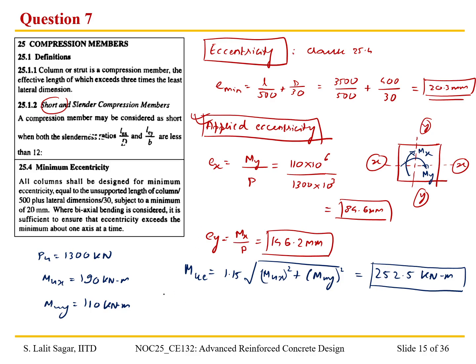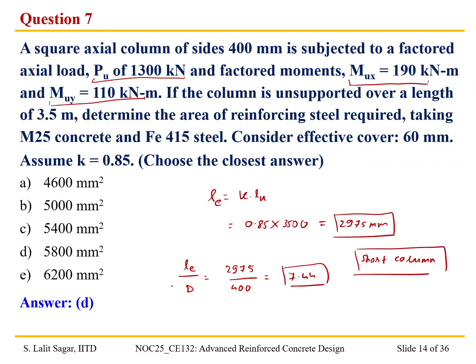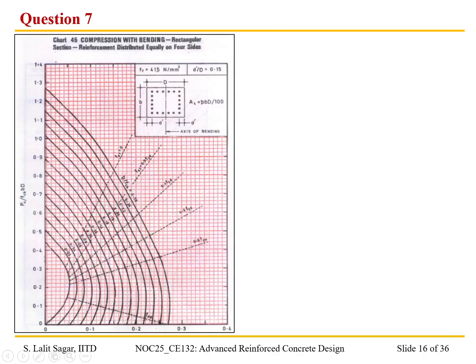So we have M25 concrete and Fe415. We'll proceed to the next slide here. Fck is 25 MPa and Fy is 415 MPa.